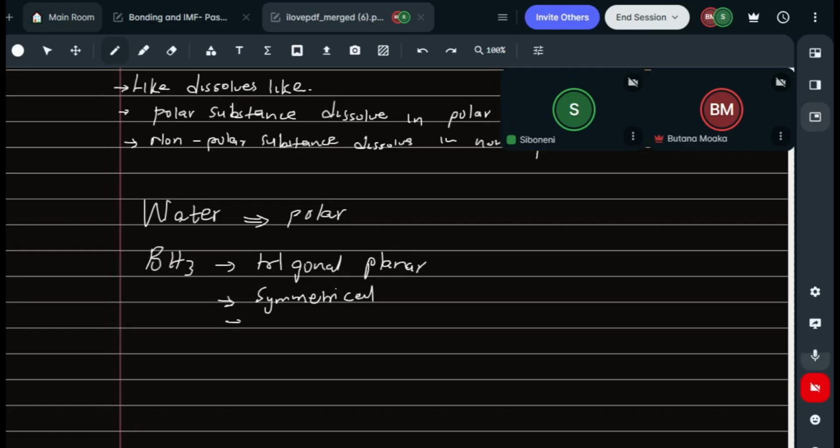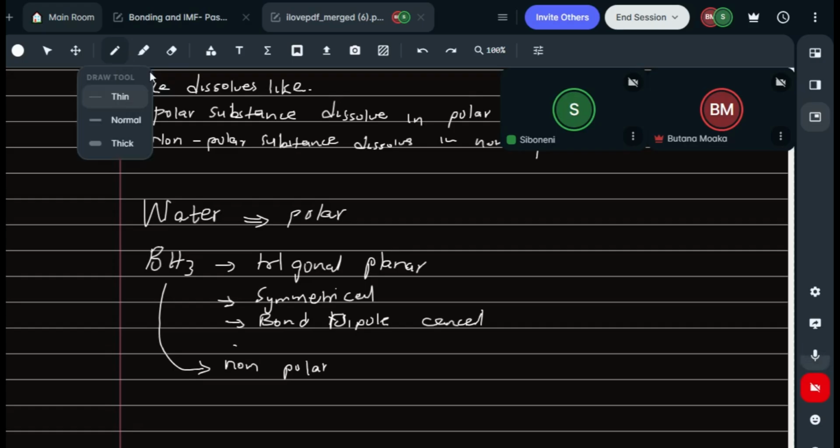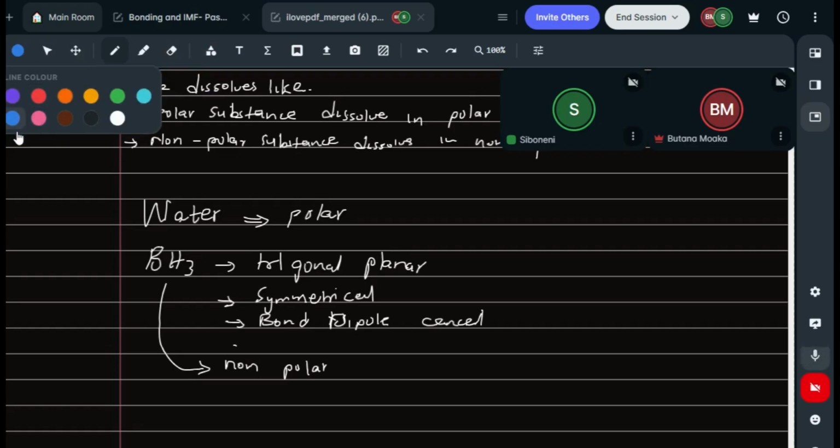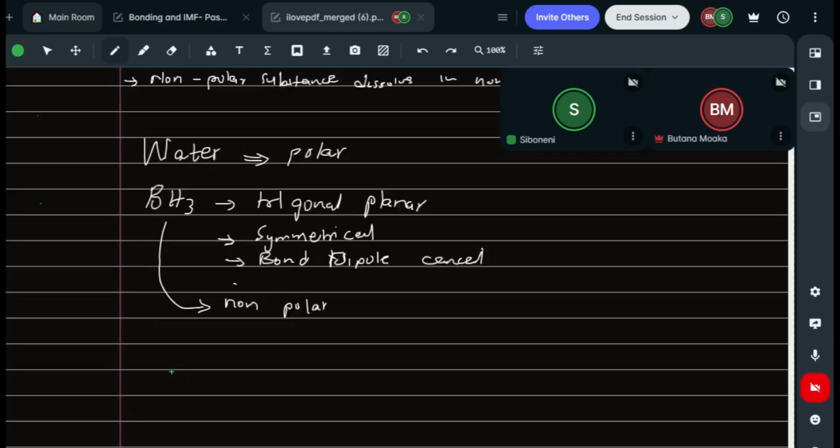And we also talked about the BH3 bond dipoles cancelling. And we said that this BH3 is non-polar. You understand? So by this we can definitely say that the BH3 does not dissolve in water.